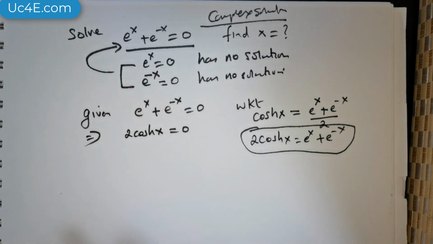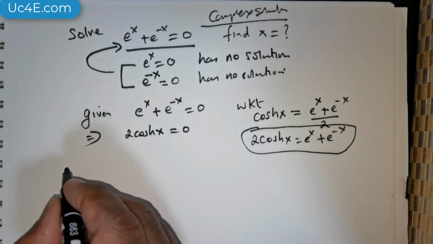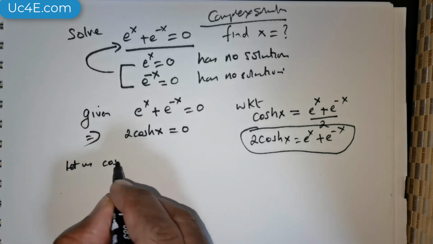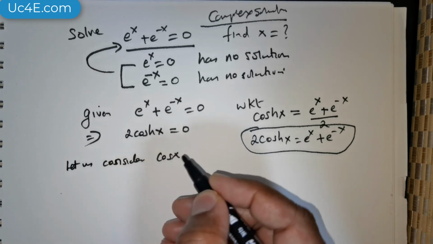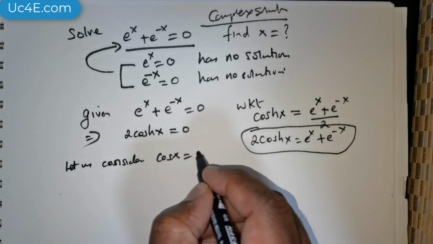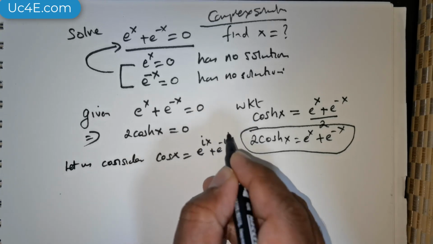Now let this be on one side. Let me consider the usual trigonometric ratio cosine. Let us consider cos x. Now cos x has a relationship which is written using Euler's formula, which is e raised to the power of ix plus e raised to the power of negative ix, divided by 2.